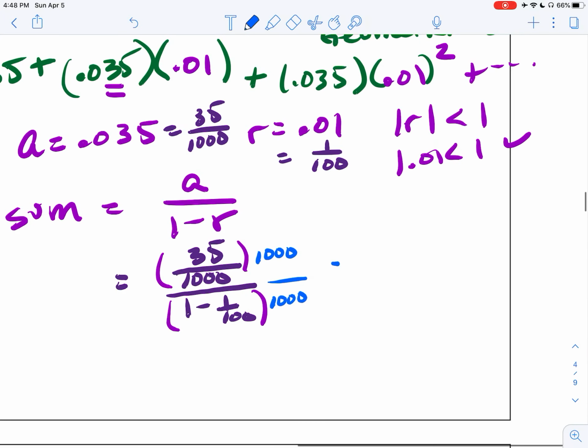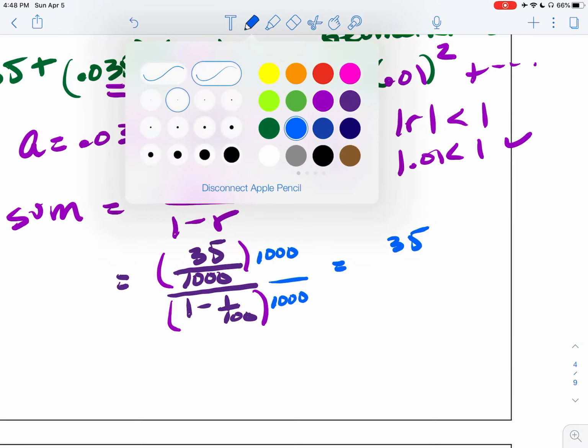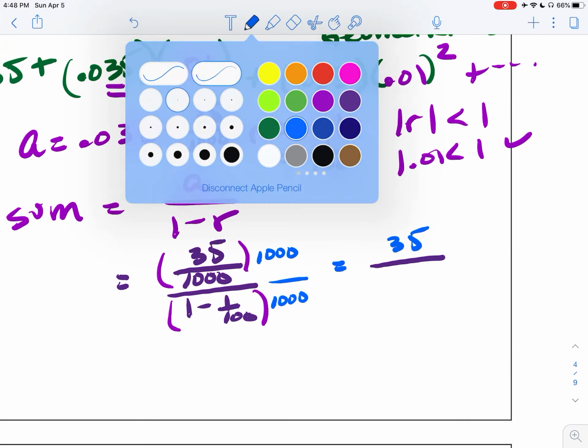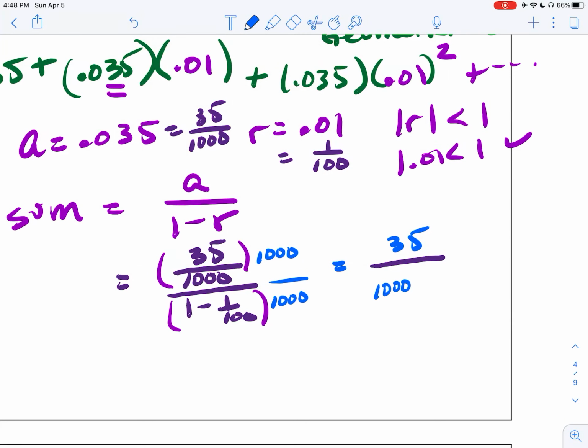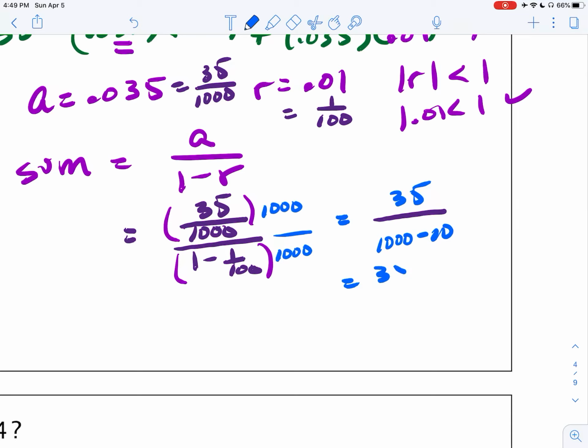I end up with 35 in the numerator, and if I distribute that 1,000, I get 1,000 in the denominator for the first one, and then minus 1,000 divided by 100, which gives me 10. And so I end up with 35 over 990.